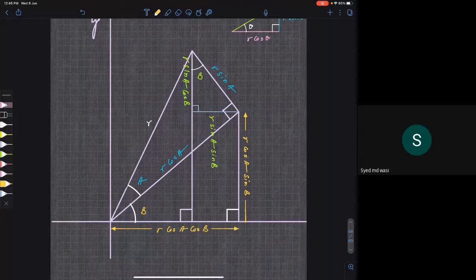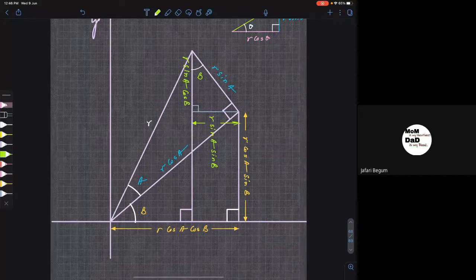So I have marked these yellow sides. Clear? Now this green side is from here to here. Clear? And here also you have a green side.